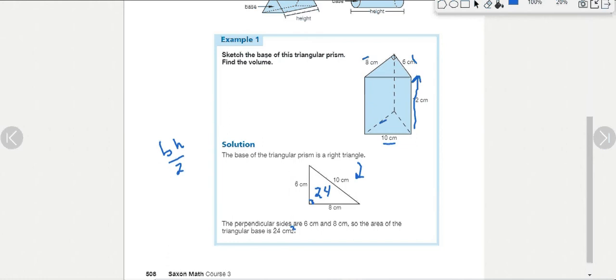First you get your bottom layer, and then you go layer on layer on layer until you're all the way up to the top. So 24 times 12 is 188 centimeters cubed.